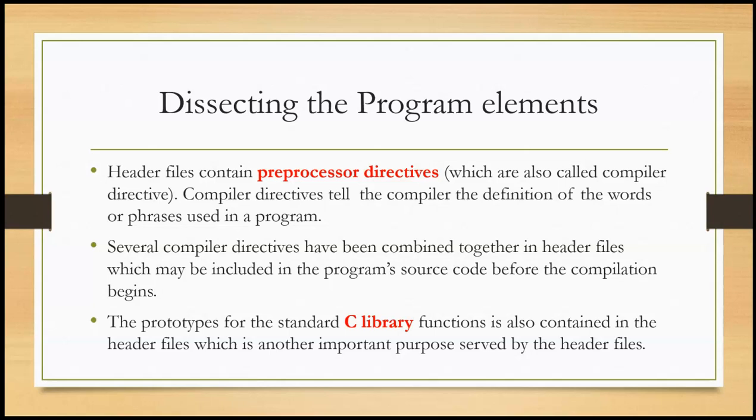Several compiler directives have been combined together in header files, which may be included in the program's source code before the compilation begins. The prototypes for the standard C library functions are also contained in the header files, which is another important purpose served by the header files.